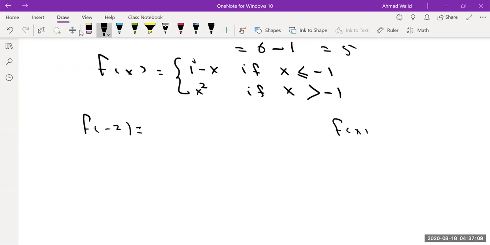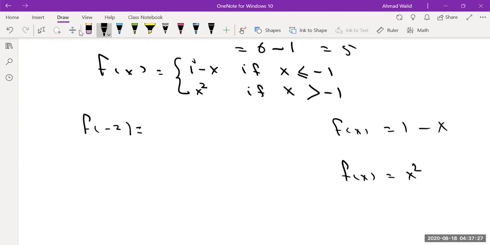The first function is f of x equals 1 minus x. The second function is f of x equals x squared. This is the meaning of piecewise. Now, f of negative 2, where can I find it, in the first function or in the second function?